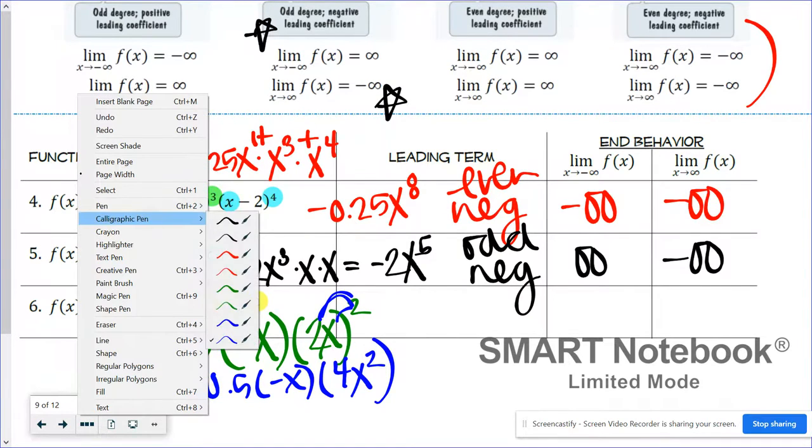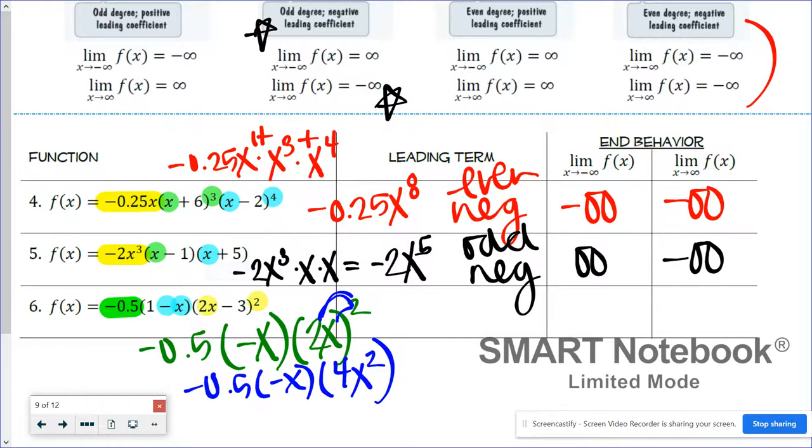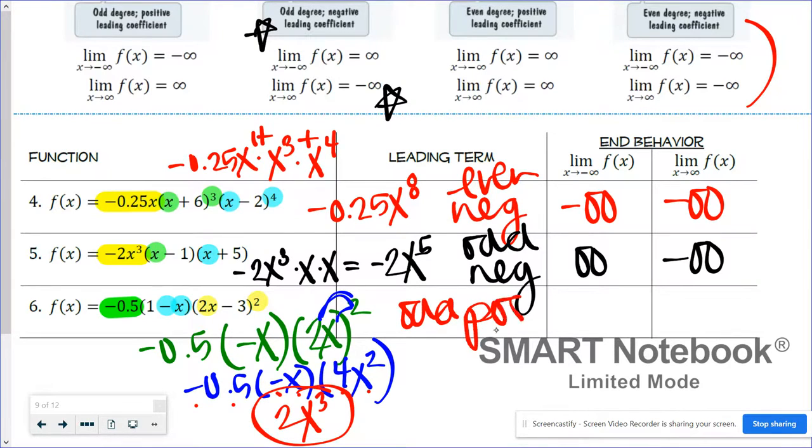So ultimately, when I multiply those three terms together, the negative times the negative is a positive, and then 0.5 times 4 is 2, and then x times x squared is x cubed. So 2x cubed is my leading term. It's odd with a positive coefficient, and odd positives have an end behavior of negative infinity on the left and positive infinity on the right.